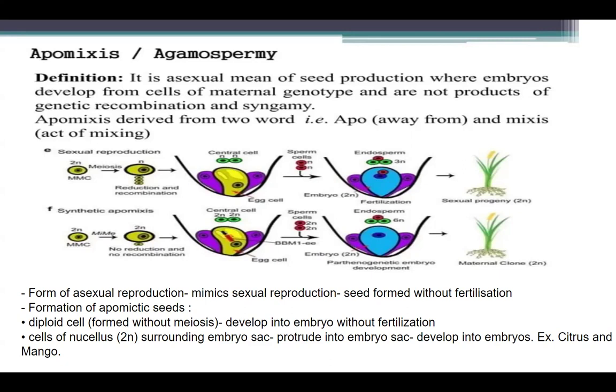Formation of apomictic seeds: they are diploid cells formed without meiosis. They develop into an embryo without fertilization. They have cells of the nucellus, which is 2n, surrounding the embryo sac, protruding into the embryo sac and developing into an embryo. Examples are citrus and mango.